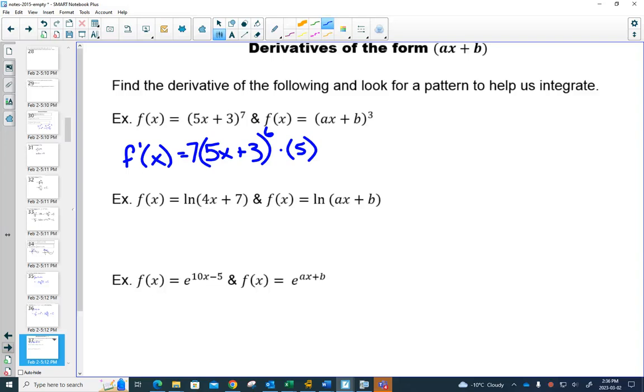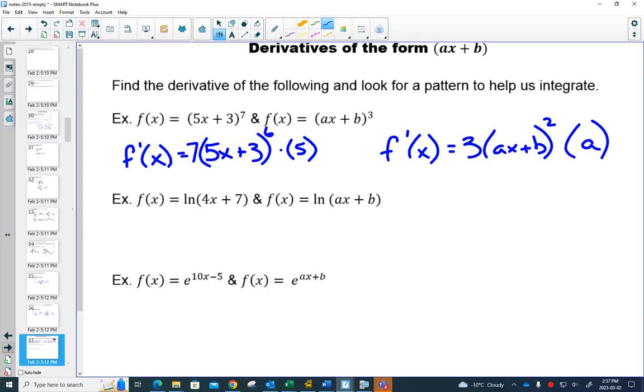So if I had ax plus b cubed, the 3 would come out in front, the inside would stay the same, subtract 1 from the exponent, and the derivative of the inside would just be whatever's in front of the x. This is true for the power rule.